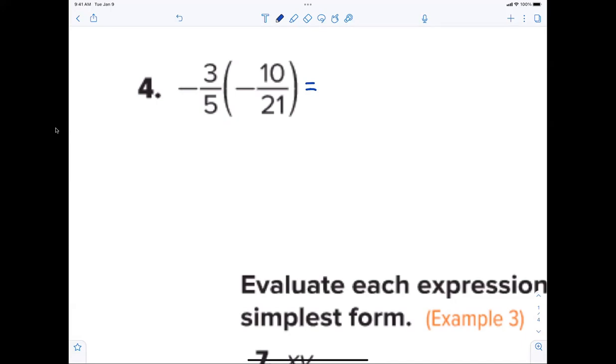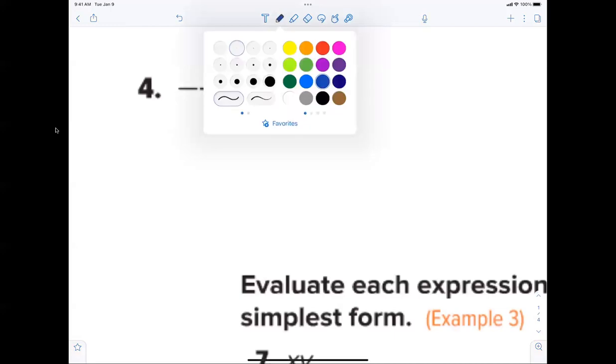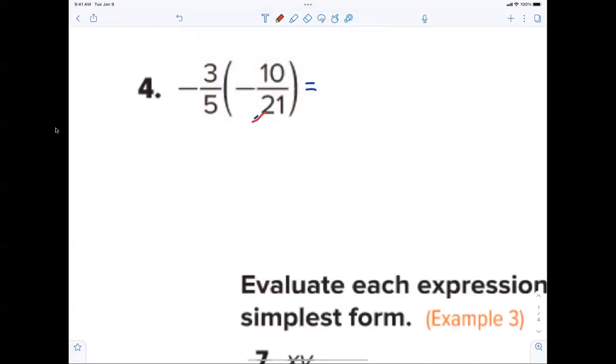Let's start over here. Mallory, tell me what to do. So you have to cross... Which one am I crossing out? 21 and 3. Cross out the 21 and make it a what? Right, because you're dividing by what number? And then cross out the 3 and make it a what?